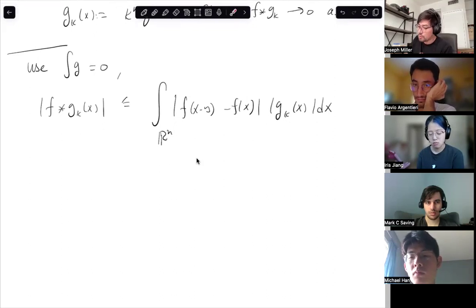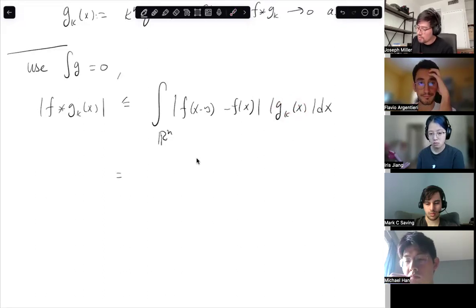So I split it up. There's a region where I want y to be small, and then I can somehow use a version of L1 continuity of f and the boundedness of g. And the part where y is large, for example, I use decay properties of g.